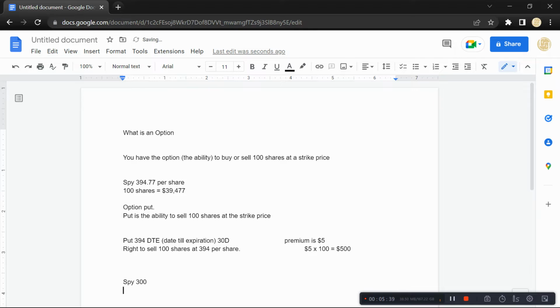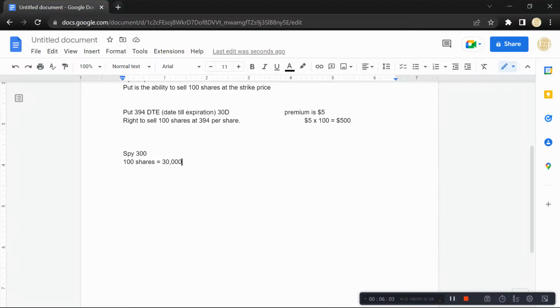If I own 100 shares, what is that going to equal? That's going to equal $30,000. Now, that's a huge difference. I lost $9,477 if the SPY dropped to 300.